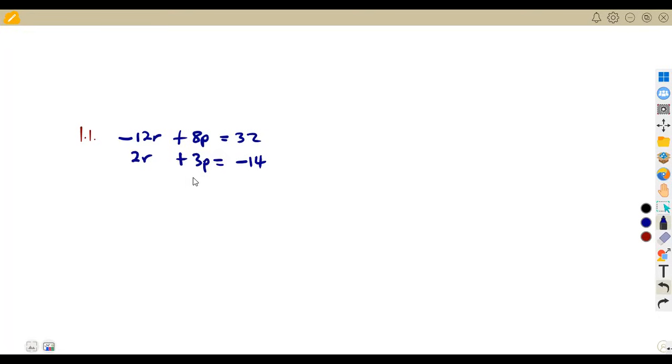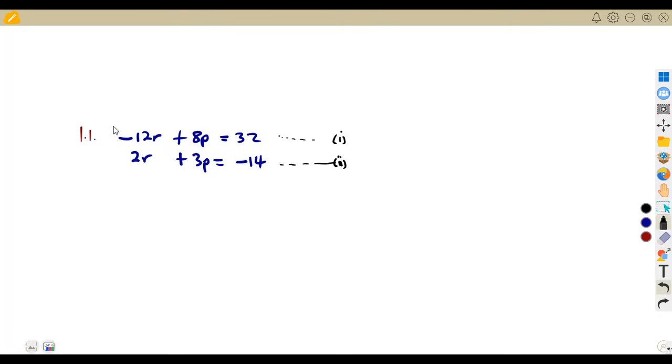Depending with how we are going to solve your equations, like I always say, here we've got our first equation and we've got our second equation. So I'm just going to try to use the elimination method to eliminate either R or P, then I substitute the value, because I've been talking about substitution a lot of times, but you can use other methods to prove if the answers are the same.